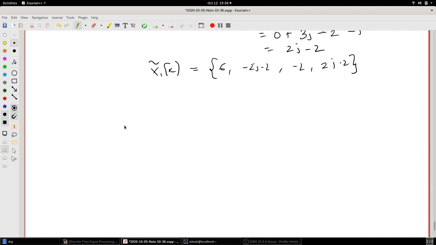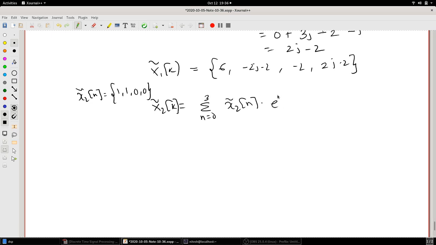Then you have x2 tilde of k, we will find out. We know that x2 tilde of n is 1 1 0 0, right. x2 tilde of k is equal to summation n equal to 0 to 3 x2 tilde of n into e raised to minus j 2 pi k n over 4.